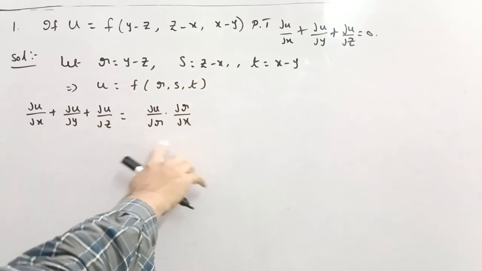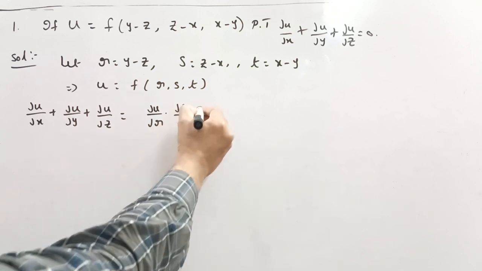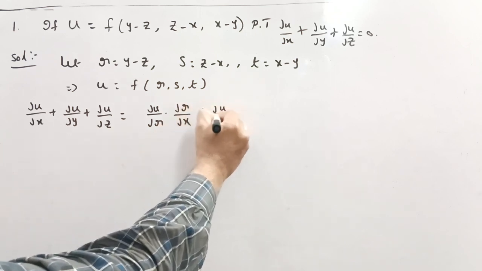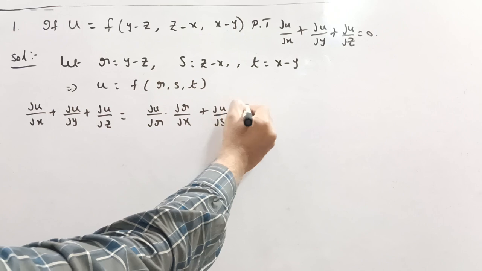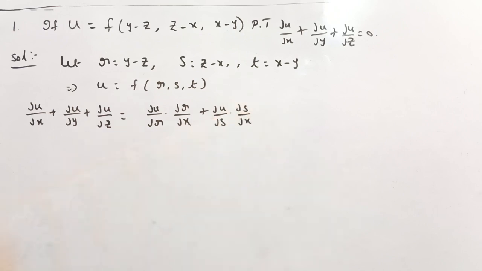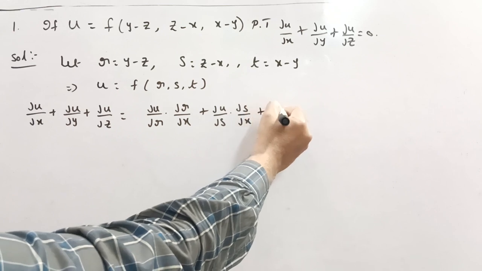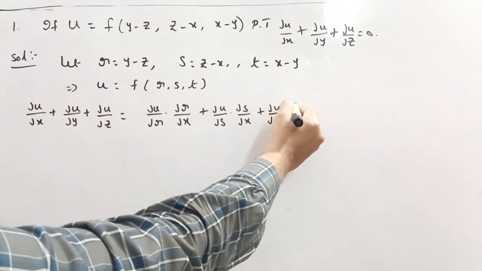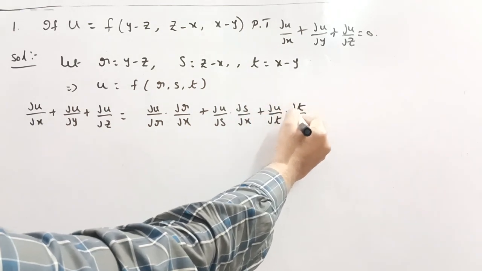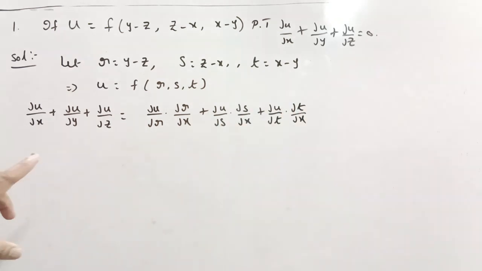It is a very important formula, a little bit lengthy. Plus ∂u/∂s into ∂s/∂x plus ∂u/∂t into ∂t/∂x. Okay, this is the chain rule differentiation of ∂u/∂x.